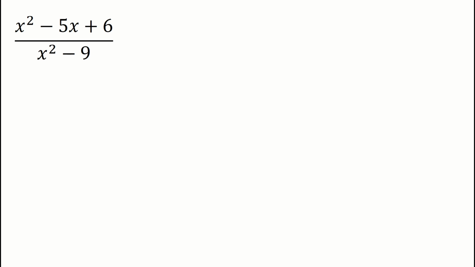Our first step is going to be to factor absolutely everything. So in this case, I'm going to consider the numerator and the denominator to be separate, just to make it a little bit easier to see. In our numerator, we have x squared minus 5x plus 6. Now this is a simple trinomial, so to factor it, we need to consider two numbers that multiply to 6 and add to negative 5.